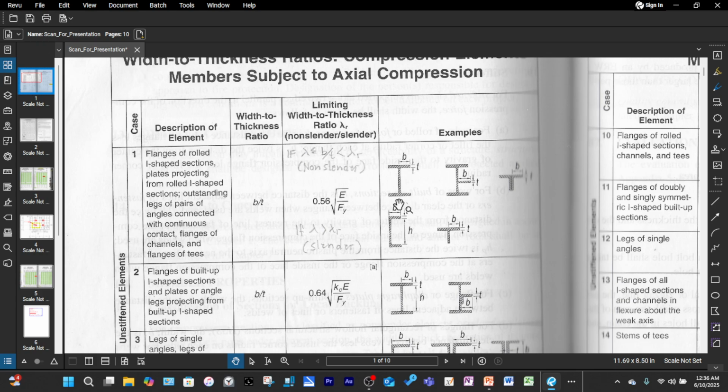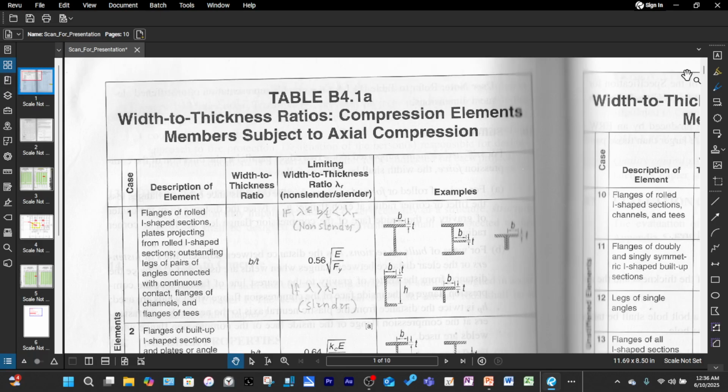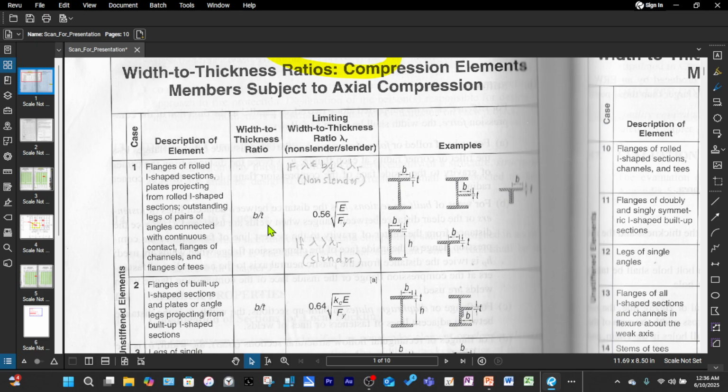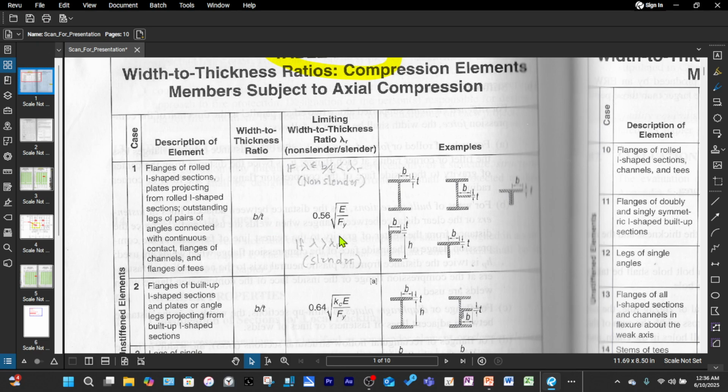The width-to-thickness ratio b over t should be less than or equal to the limiting width-to-thickness ratio for the slenderness requirement, which is 0.56 square root of E over Fy.